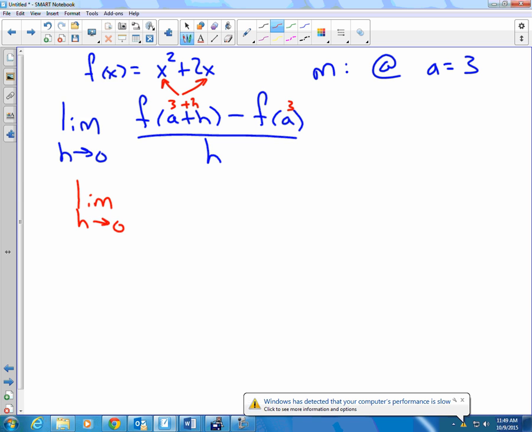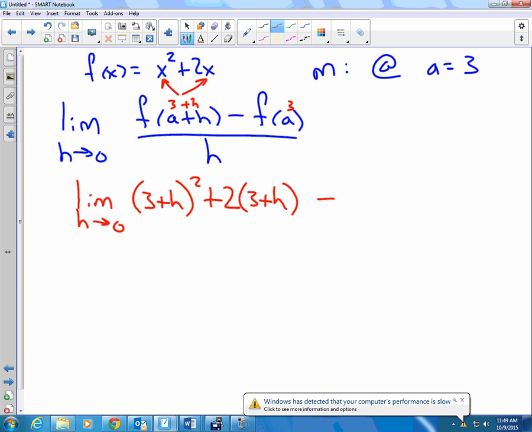Limit as h goes to 0 of, what do you get if you plug in 3 plus h? 3 plus h squared plus 2 times 3 plus h. So I've written the entire function, correct? But instead of an x, I have a 3 plus an h.